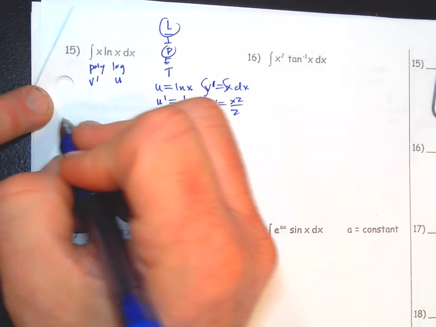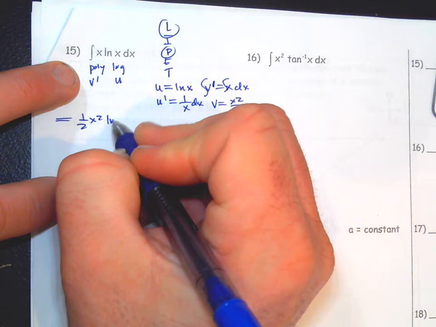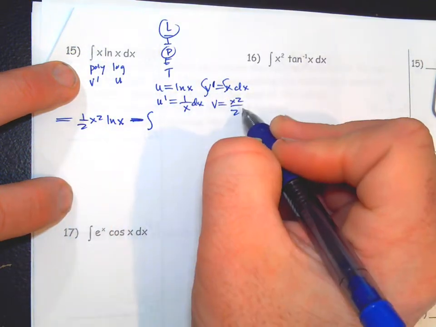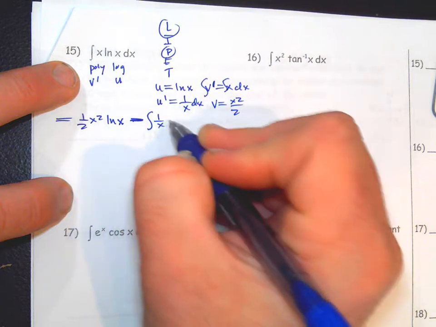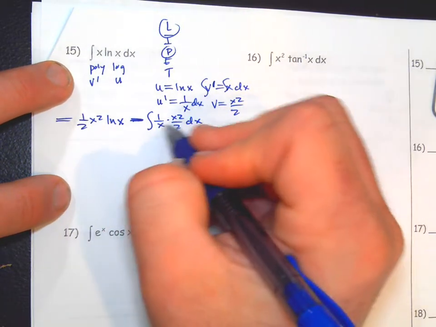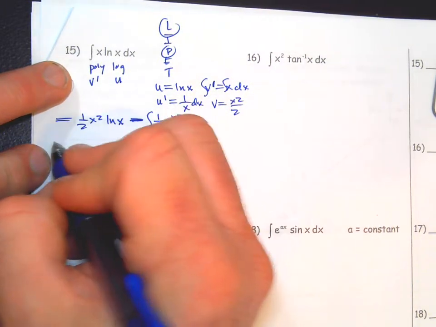So when you rewrite this, it's uv, which is 1/2 x squared natural log of x, minus the integral of the two new things, which is 1 over x times x squared over 2 dx. Now that simplifies to just x over 2. We can move the 1/2 in front.